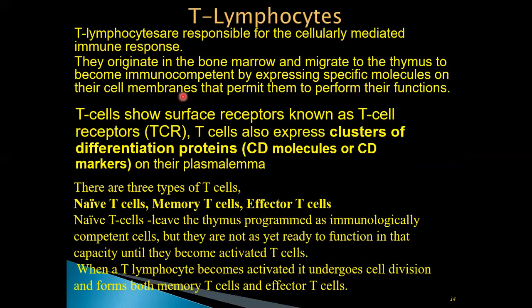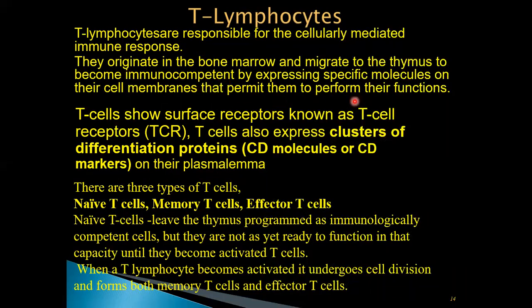For this immunocompetency they require a hormone, thymosin, which is present in the thymus. Under its influence, the T lymphocytes coming from the bone marrow into the thymus acquire this immunocompetency to perform their function.